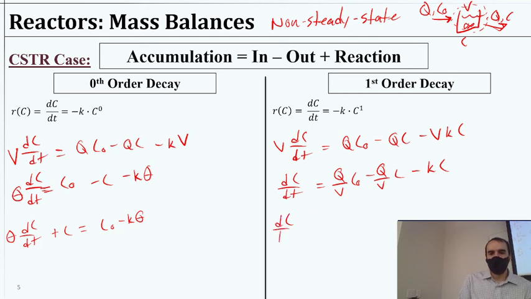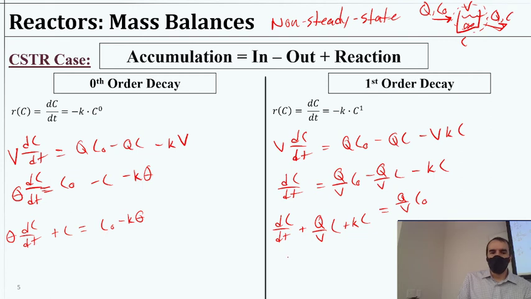dc dt plus Q over V times C plus K times C equals Q over V times C naught.